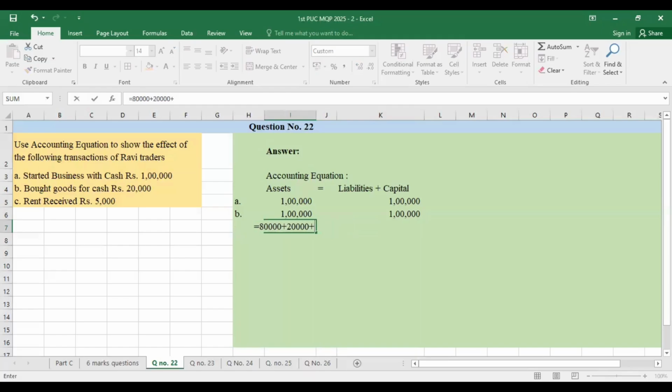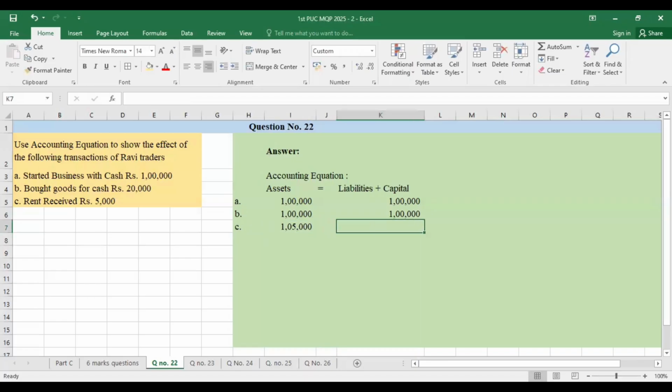So the cash value has increased by 5,000 rupees. So 80,000 plus 20,000 plus 5,000. So the total asset is 1,05,000. Here also it becomes 0 plus 1 lakh plus 5,000, 1,05,000.